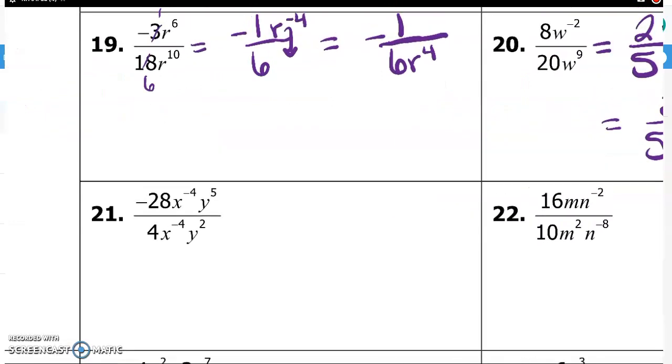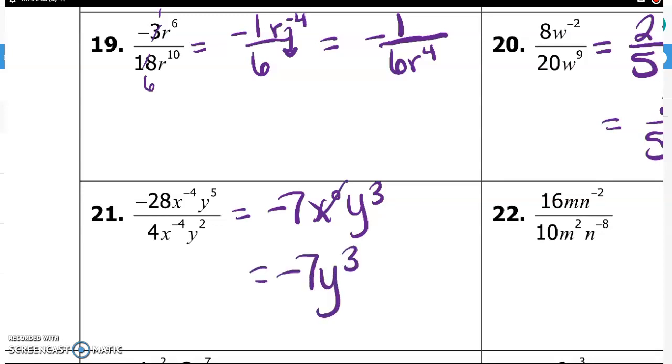Number 21, when we divide, we get negative 7. x to the 0, negative 4 minus negative 4 is 0. And then y to the 3rd. So that cancels out and you're just left with negative 7y to the 3rd. Just do one thing at a time.